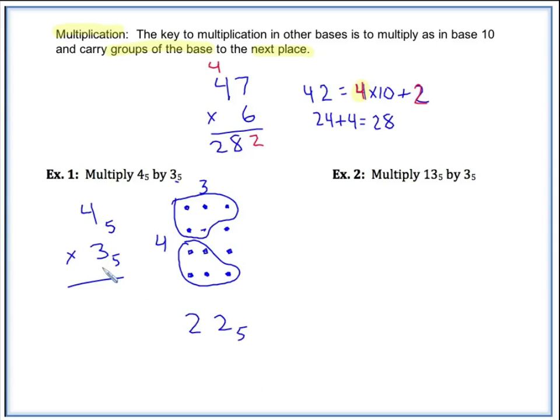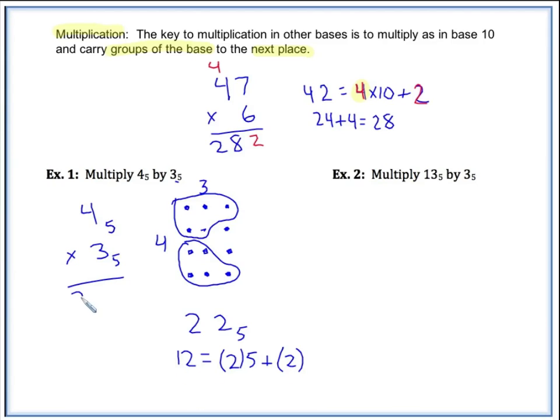Now let's think about it in straight mathematical terms. So 4 times 3 here equals 12. And all we have to say is how many groups of 5 is this with how many left over. Okay, so we know it's 2 groups of 5 with 2 left over. And we can check because 2 times 5 is 10 plus 2 is our 12.